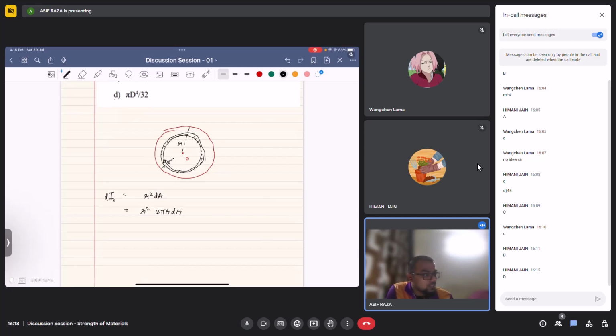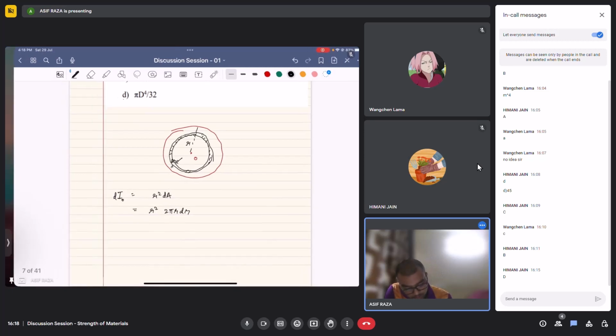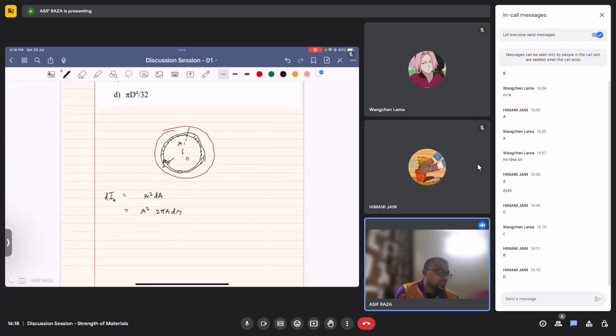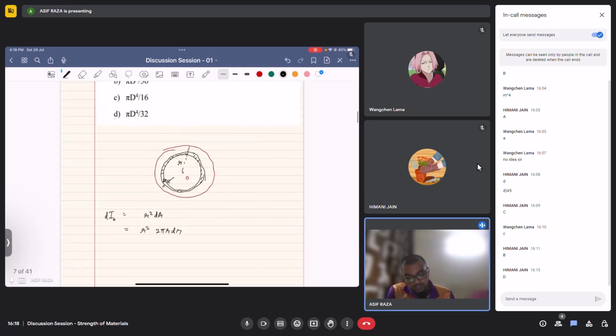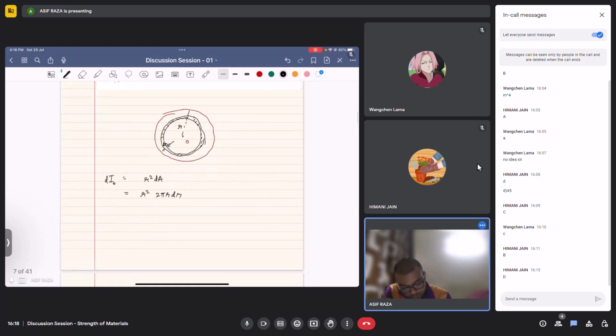So this is the second moment of area of this small strip. If you want to find the polar moment of inertia of the complete circle, we need to integrate it through the complete domain. So on integration, we do 2 pi r cube dr, and the integration will be taken from 0 to capital R, where capital R is d by 2.